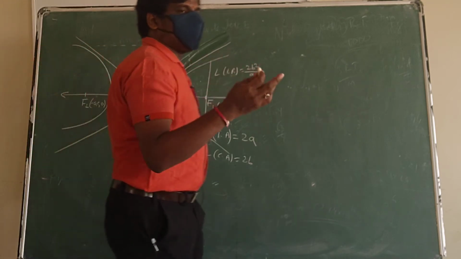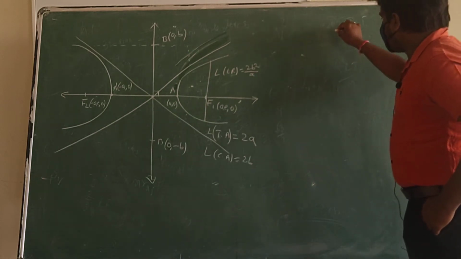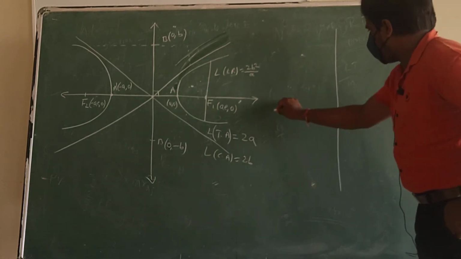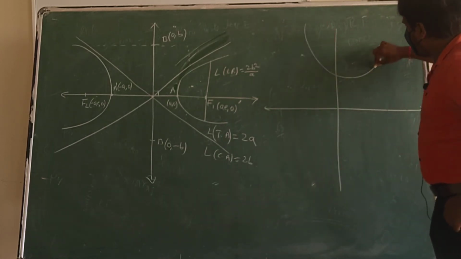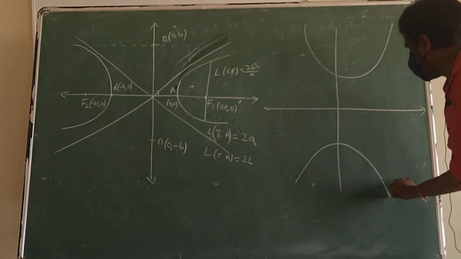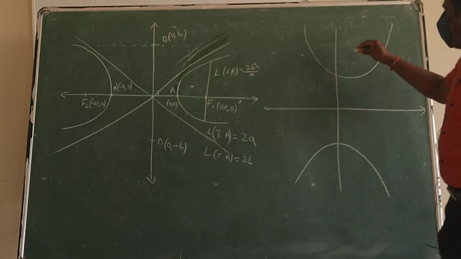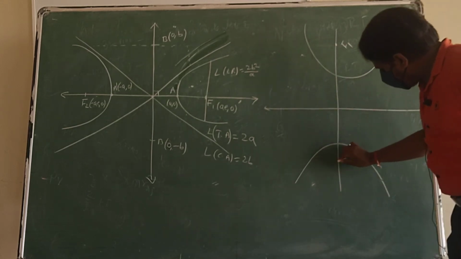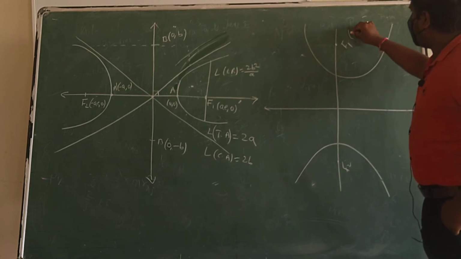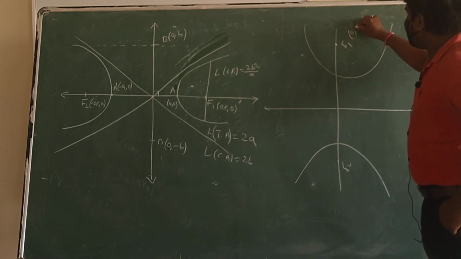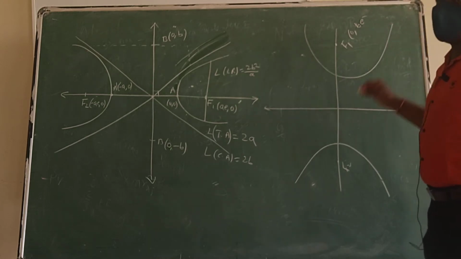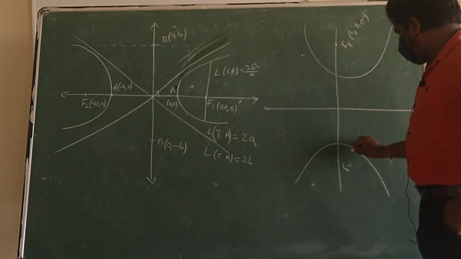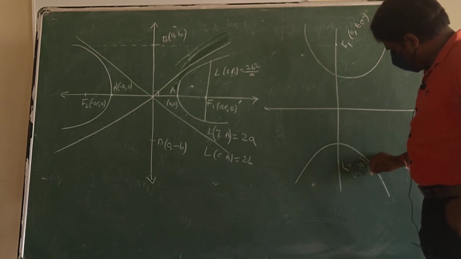But suppose you have a conjugate hyperbola, if the hyperbola is like this. I will write all the terms once, so you need not worry. This is another hyperbola conjugate to this one. This is F1, this is F2, focus 1, focus 2. This will be (0, be), and this is (0, -be).